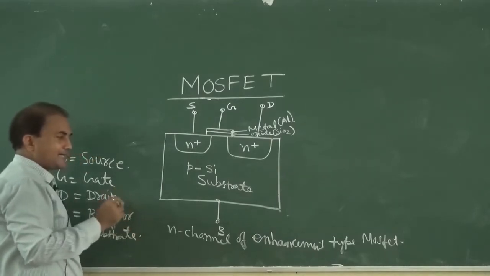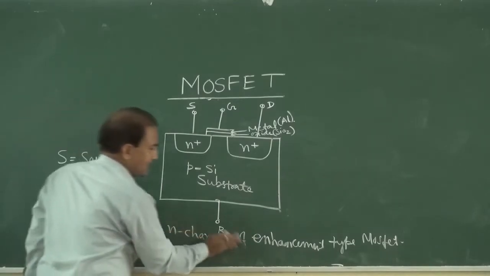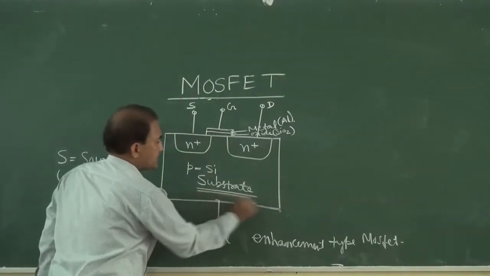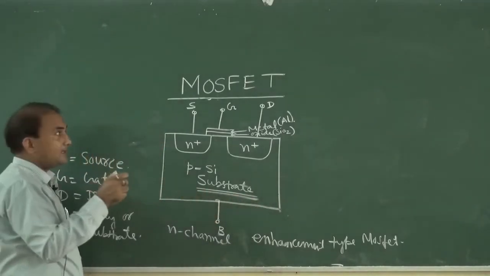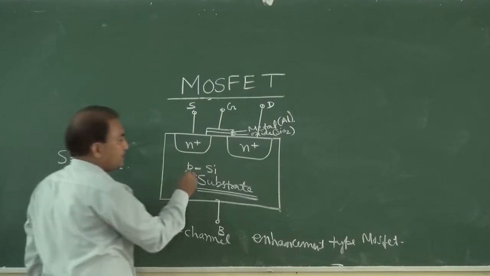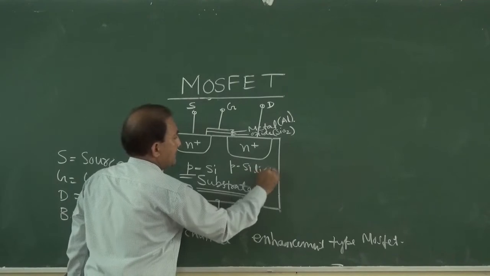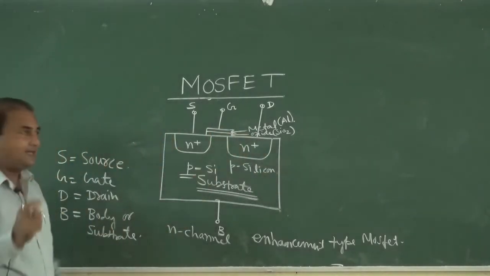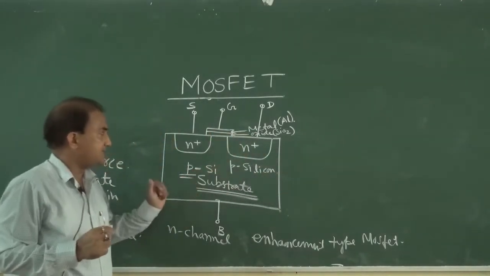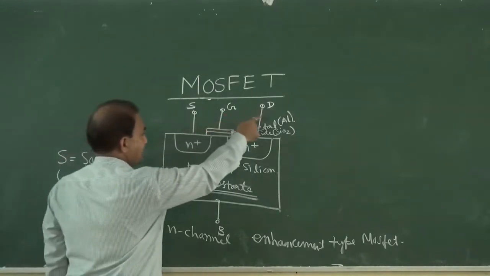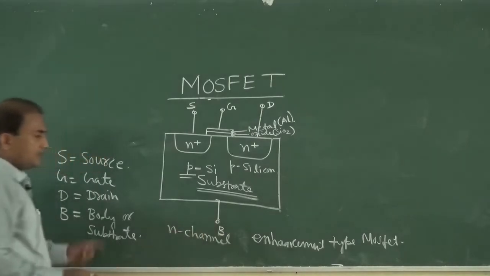In case of N channel enhancement type MOSFET, the substrate or semiconductor is p-type silicon. P-type silicon is used as a substrate. The terminals are source, gate, drain, and body or substrate.